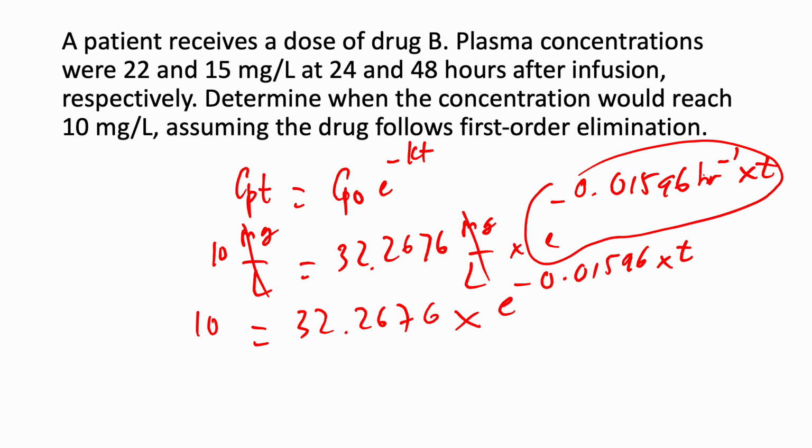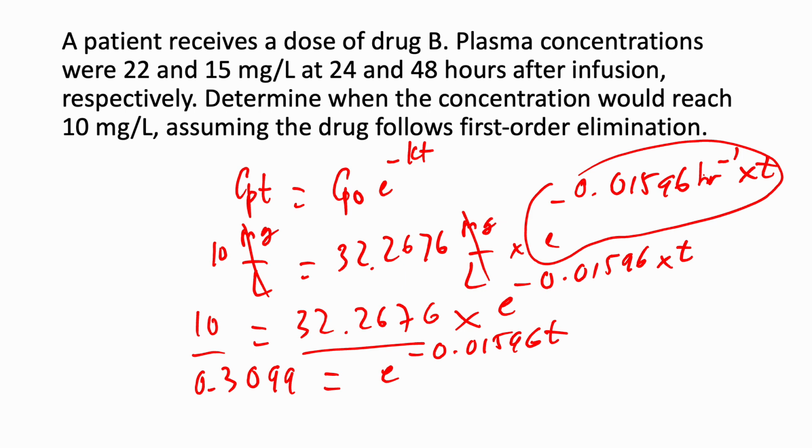So then I will calculate this part first. I put 10 divided by 32.2676, then I have 0.3099 equal to exponential minus 0.01596 T. To solve for T, I will take the natural log of both sides.